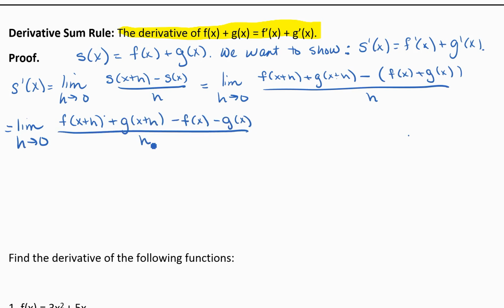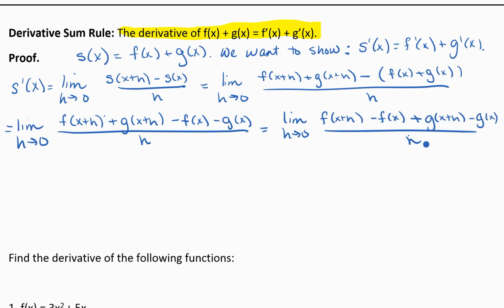all over h. And now we're going to do a little bit of rearranging. We're going to rewrite this as the limit. We're going to put the f's together and the g's together. So we'd have f of x plus h minus f of x plus g of x plus h minus g of x. And as long as we keep the sign that's with them, we can rearrange the addition. It's called the commutative property of addition.